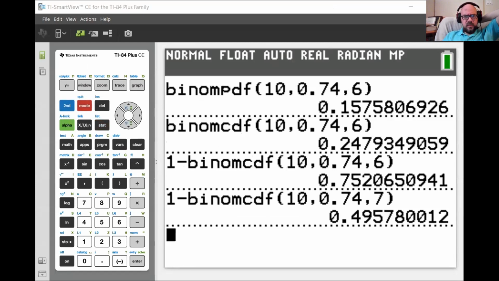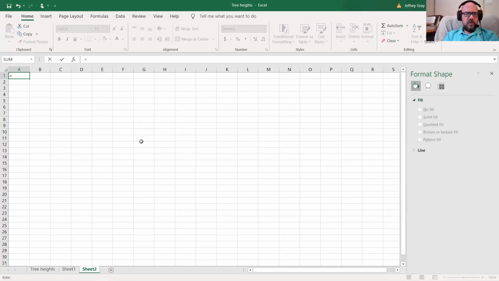Let's see here. If I do equals binom, it's dot dist here, binomial distribution, and it's going to ask for the same thing. Number S is number of successes, trials is number of trials, probability of success is B, and then cumulative true or false, depending on whether you want the cumulative distribution function or just the density function.